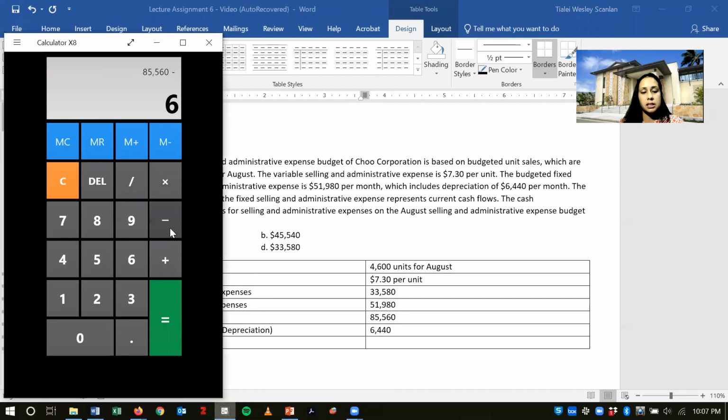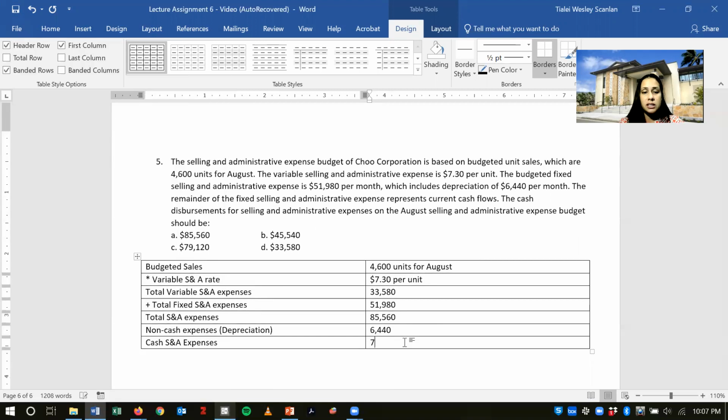We'll subtract our 6,440. I think that's the biggest mistake I've seen students make: they don't take out the non-cash depreciation expense, and that's how they miss similar problems like this. 79,120.